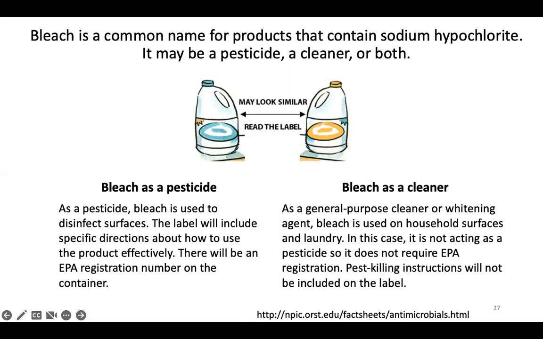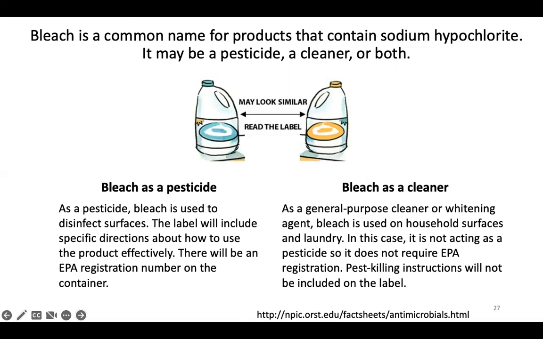However, bleach will be considered a pesticide when it is used to disinfect surfaces or get rid of ant trails or for any other such purposes. The label will include specific directions about how to use the product effectively. Because the bleach is considered a pesticide here, you will be able to find an EPA registration number on the container.